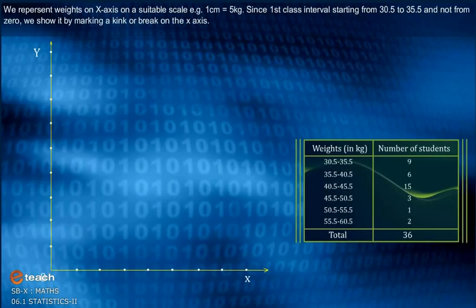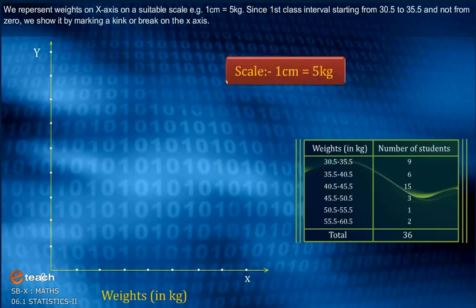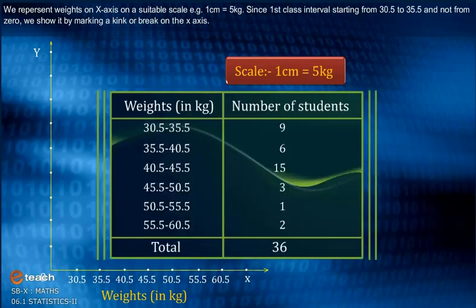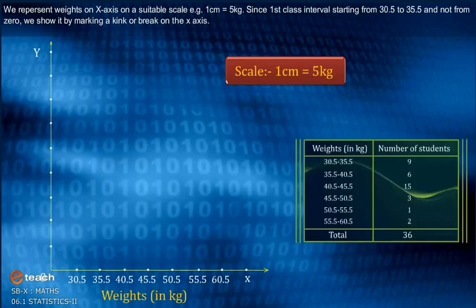We represent weights on the x-axis on a suitable scale, for example, 1 centimeter equals 5 kg. Since the first class interval starts from 30.5 to 35.5 and not from 0, we show it by marking a kink or break on the x-axis.